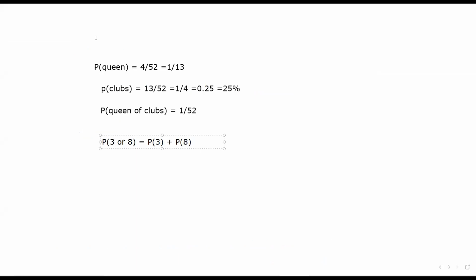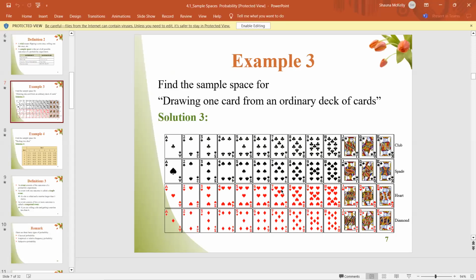It doesn't specify, it just says 3s. Just says probability of 3 or 8.